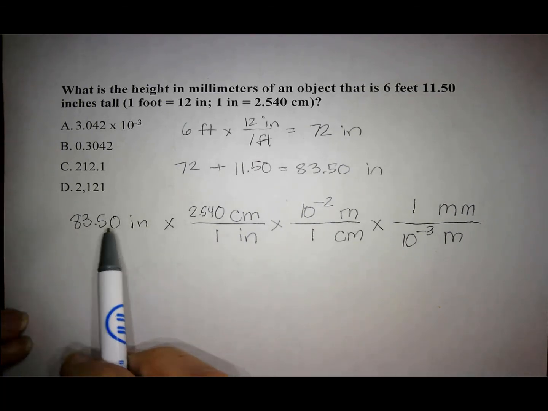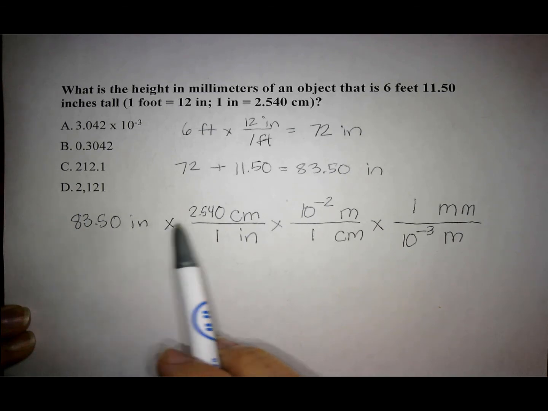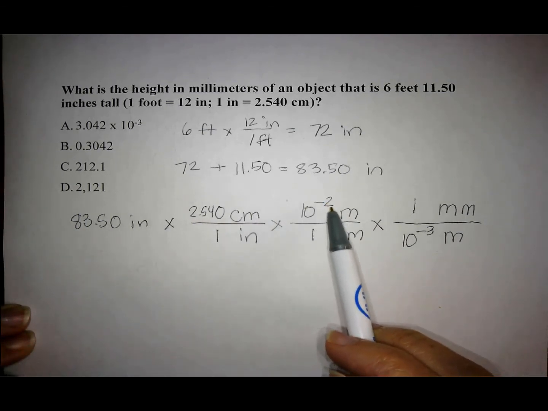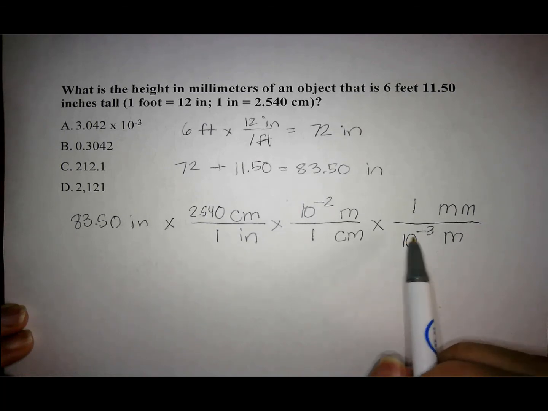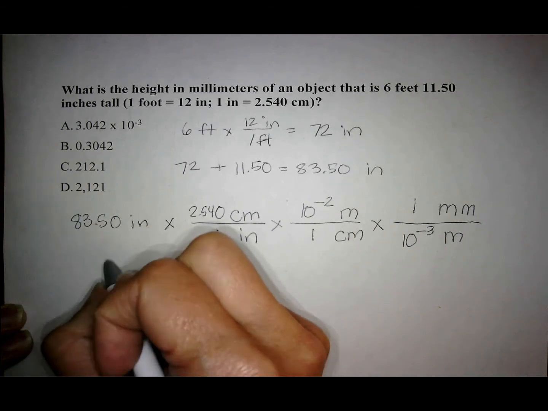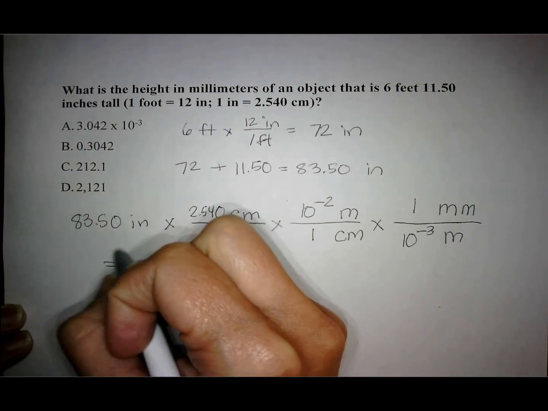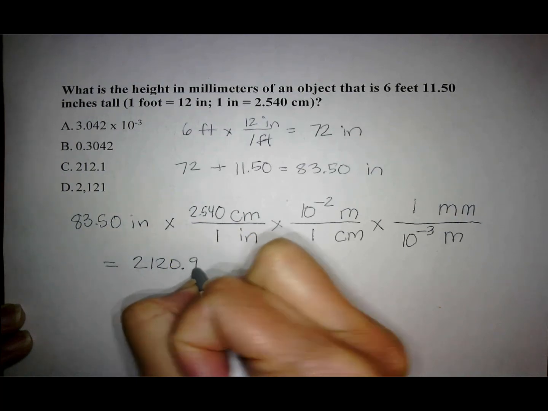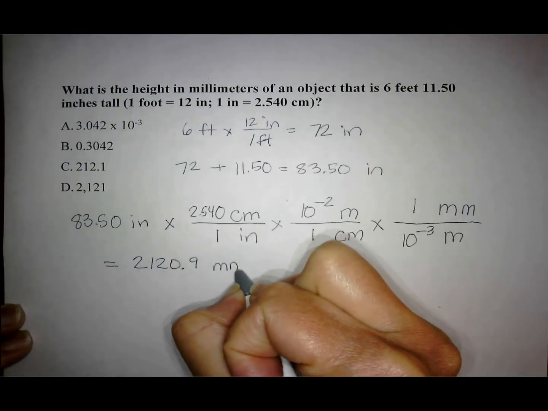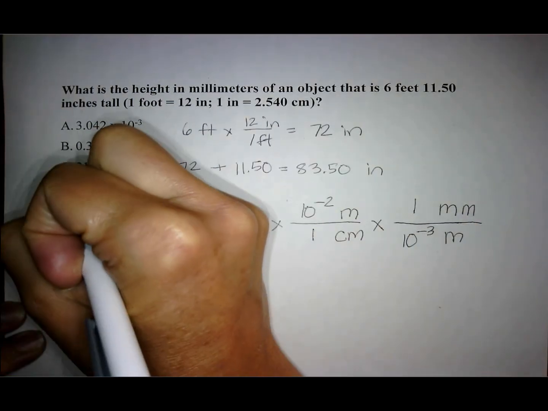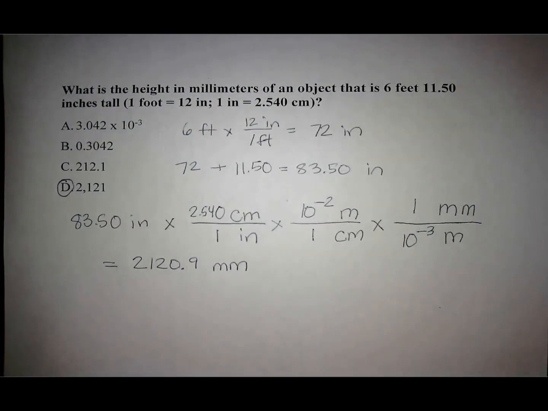So we're going to go 83.50 times 2.540 times 10 to the minus 2, and then we will divide by 10 to the minus 3. So when we do all that in our calculator, we come out with 2120.9 millimeters. And we can round that to 2121, which is D.